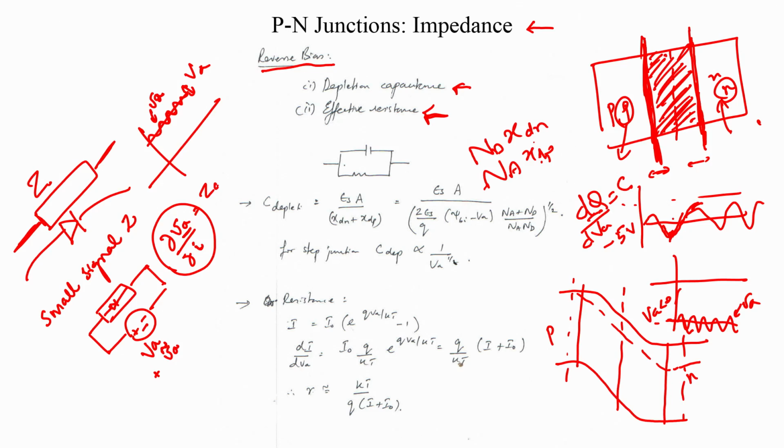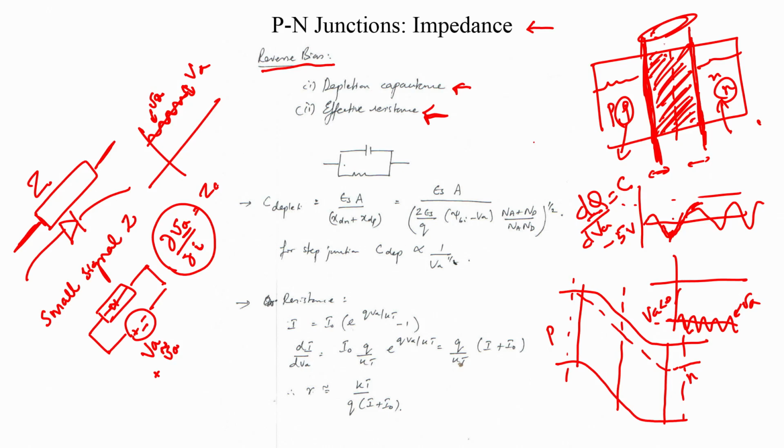Now that is one method to calculate the capacitance. The other method is to simply think of it as a parallel plate capacitor in a very crude manner, because these two regions have low resistance and this region here is depleted.